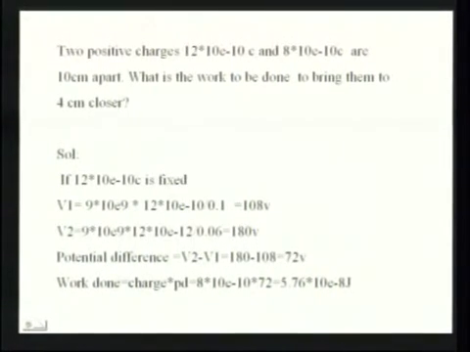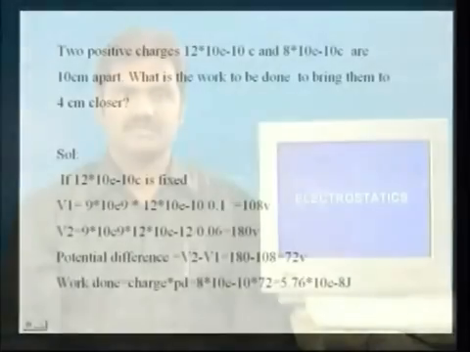The work done equal to charge into potential difference. Now we have to take the charge of the second unit, that is 8 into 10 to the power of minus 10 into 72, it amounts to 5.76 into 10 to the power of minus 8 joules.